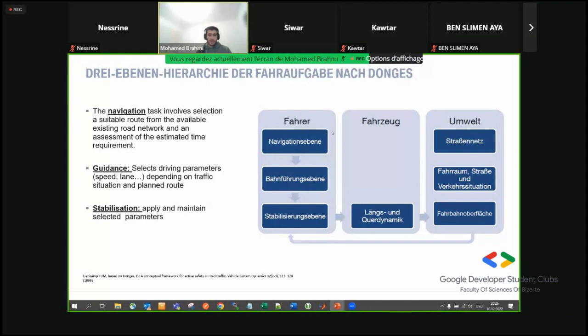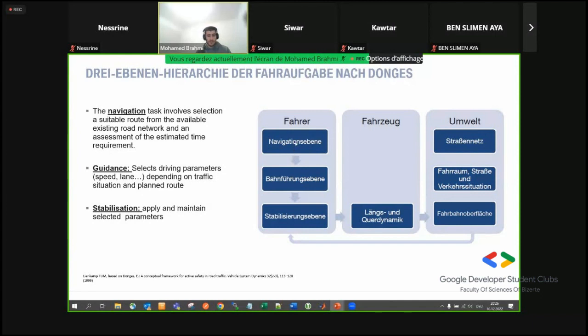Why am I saying this? Because for advanced driver assistance systems, mainly the driver is still taking care of these tasks.